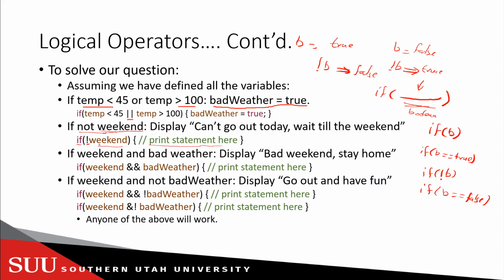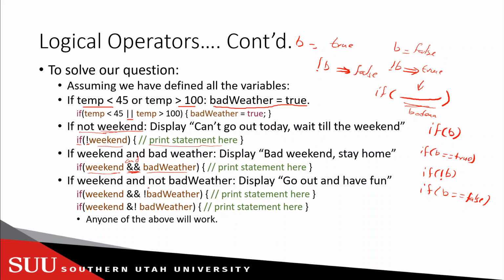So I'll say if weekend, that means if the variable weekend is holding a true, and bad weather. So this means if weekend holds true and the bad weather variable also holds true, print this statement. This is only printed if both are true, because remember, both are Booleans.